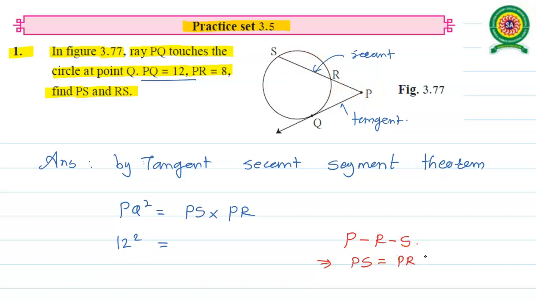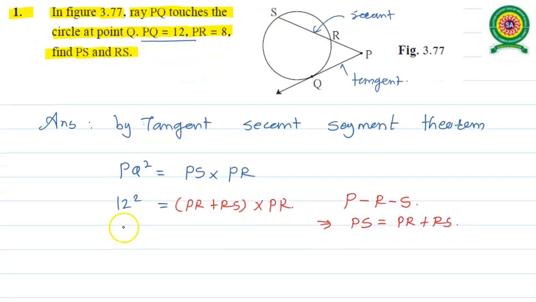So PS is nothing but PR plus RS, into PR as it is. Now replace PR by its value, we have 8. 12 square is 144, that equals 8 plus RS into 8.